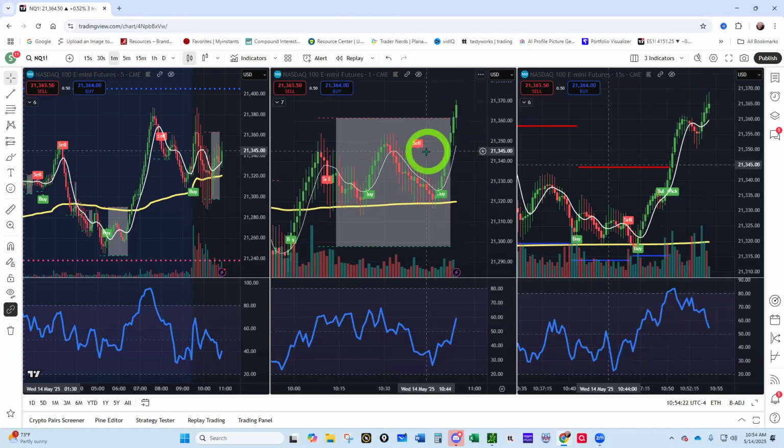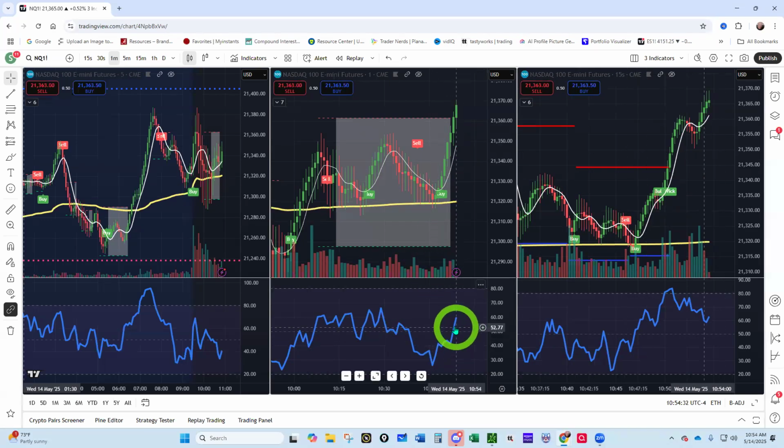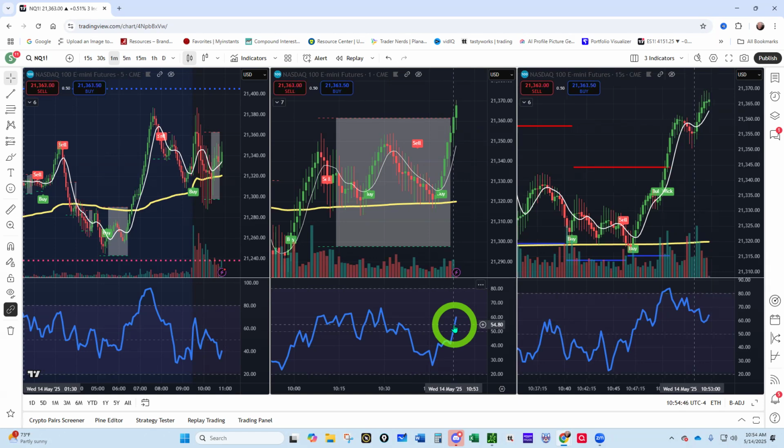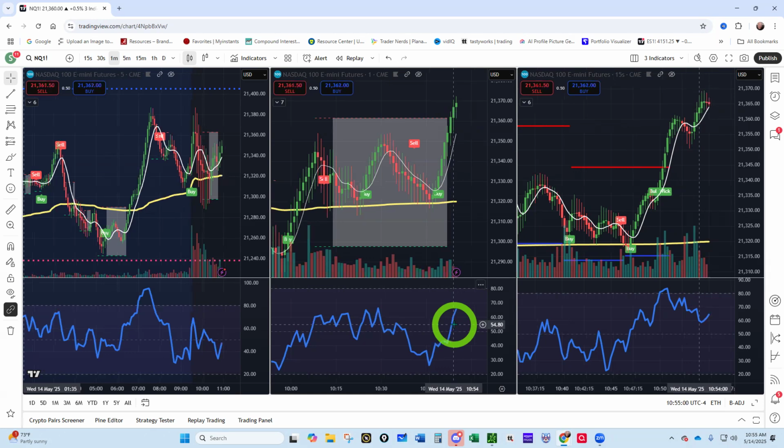We're now out of that consolidation zone. Now both ES and NQ are above their VWAP. Maybe we'll get away from that devil for a little bit.